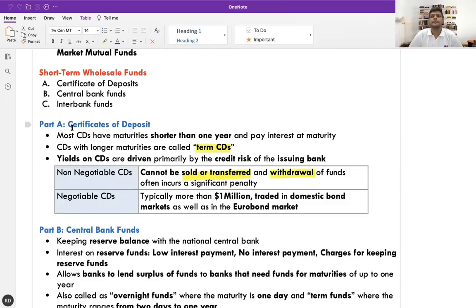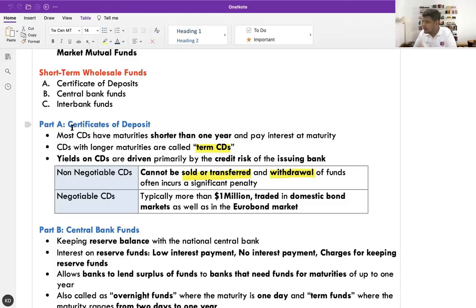So a non-negotiable CD is like, you have put your money in a fixed deposit in a bank and locked it. You cannot remove it. That's called a non-negotiable CD. And you can't sell this fixed deposit to someone else. It's in your name only. Clear?